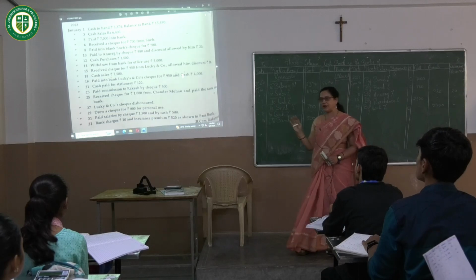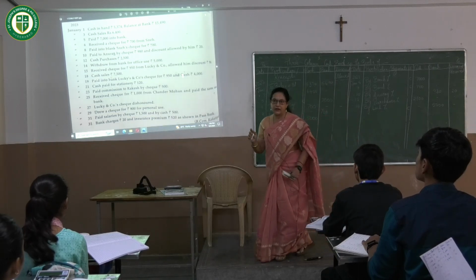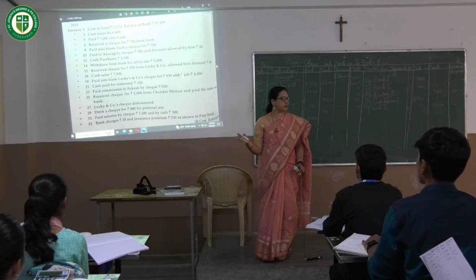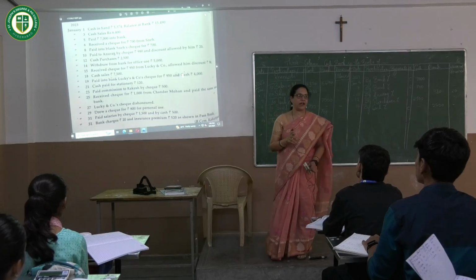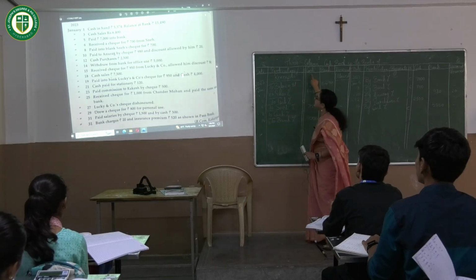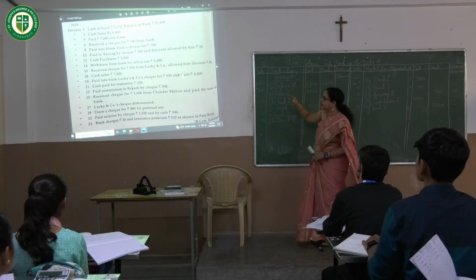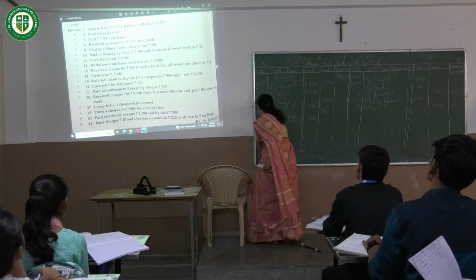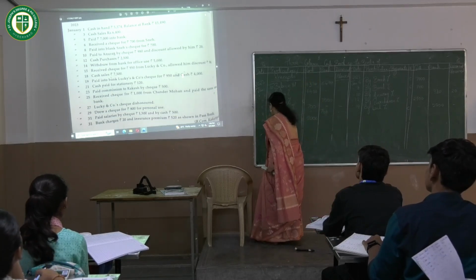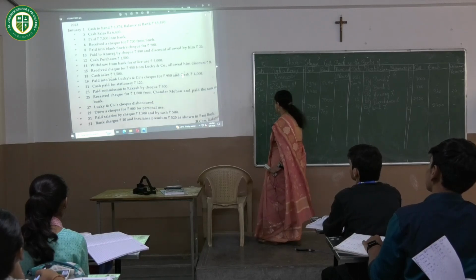15th when I received it, I did not put it into the bank. I am putting it after 4 days into the bank. The day I receive it, I will consider it only as cash. So it's a receipt, so I am coming to the receipt side and write it there. Who is the giver?